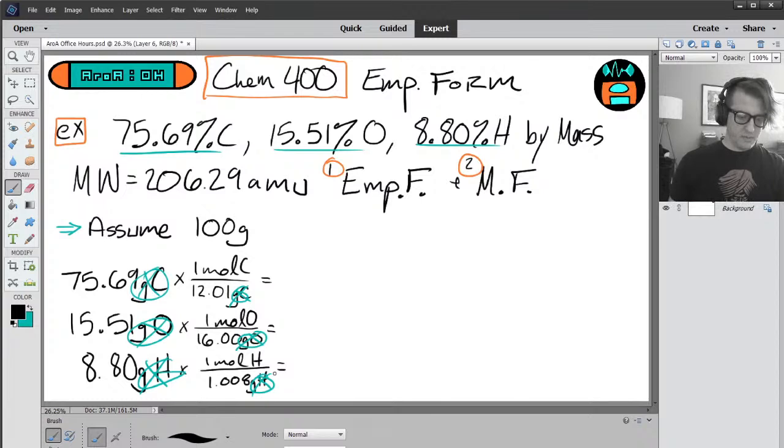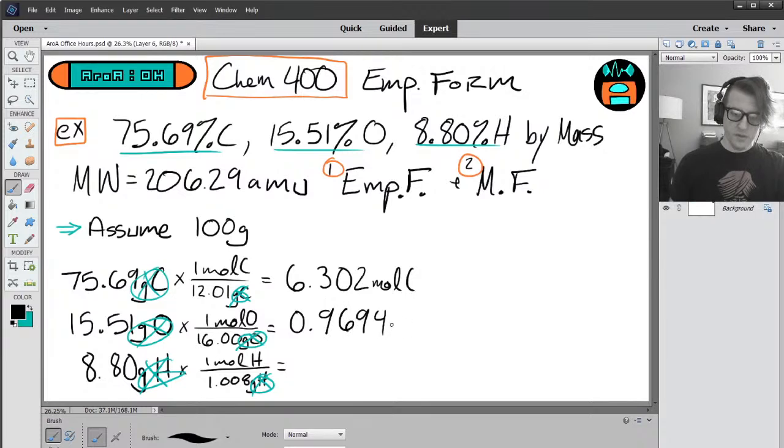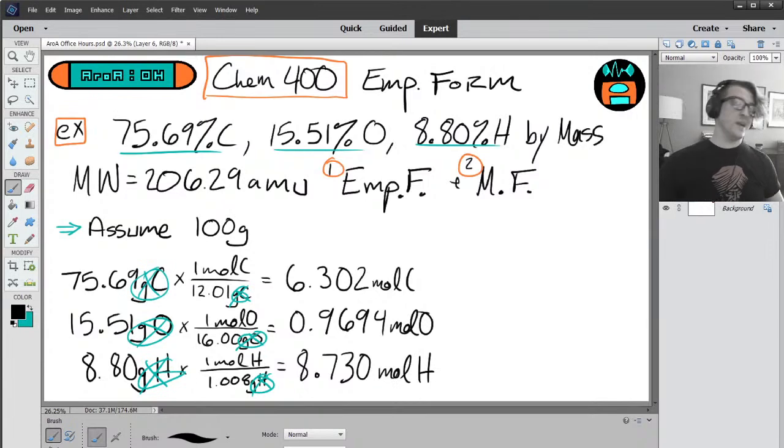So 75.69 divided by 12.01 is 6.302 moles of carbon. 15.51 divided by 16 is 0.9694 moles of oxygen. 8.8 divided by 1.008 is 8.730 moles of hydrogen.